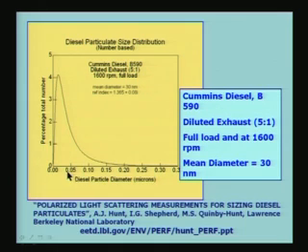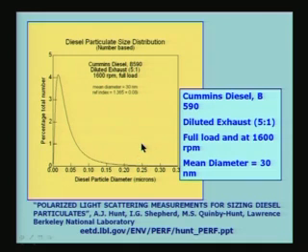This is given in a scale of microns, and therefore 0.03 is somewhere in this portion. So, you can see that the maximum concentration occurs somewhere close to this value of 30, maybe a little smaller than that, and the really large particles are very small in number. So, most of the particles are within 0.2 to 0.25 micrometers in size.